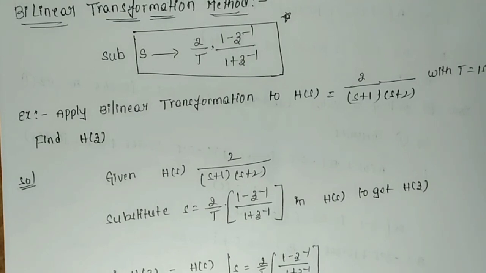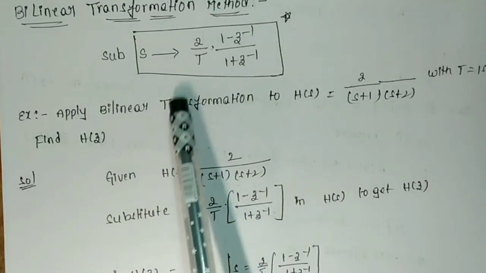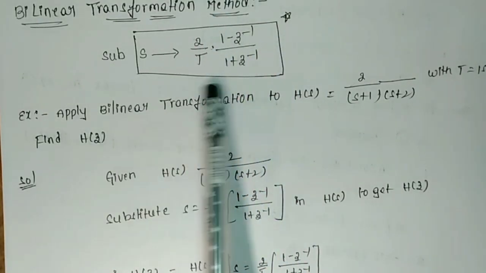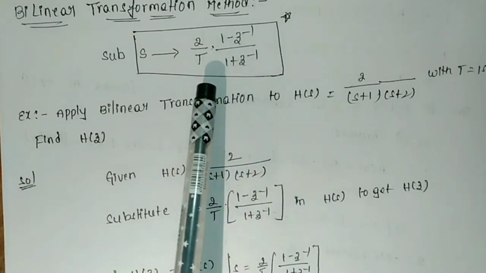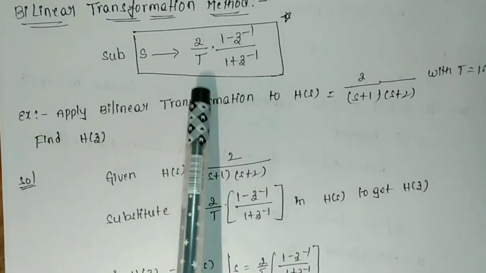This is not that typical a method that you cannot attempt the question. So if you know this simple formula, 2 by T into (1 minus z inverse) by (1 plus z inverse), you can easily convert the filter into the digital domain. Here T is the sampling period.